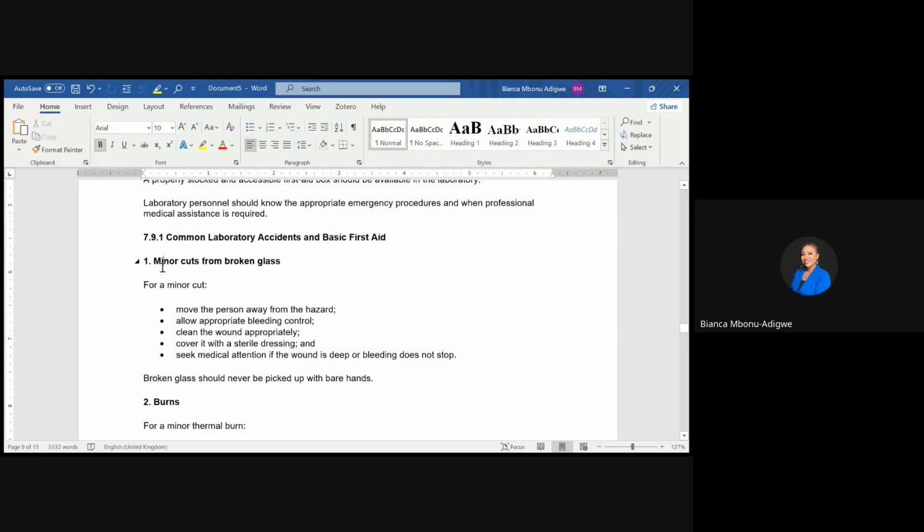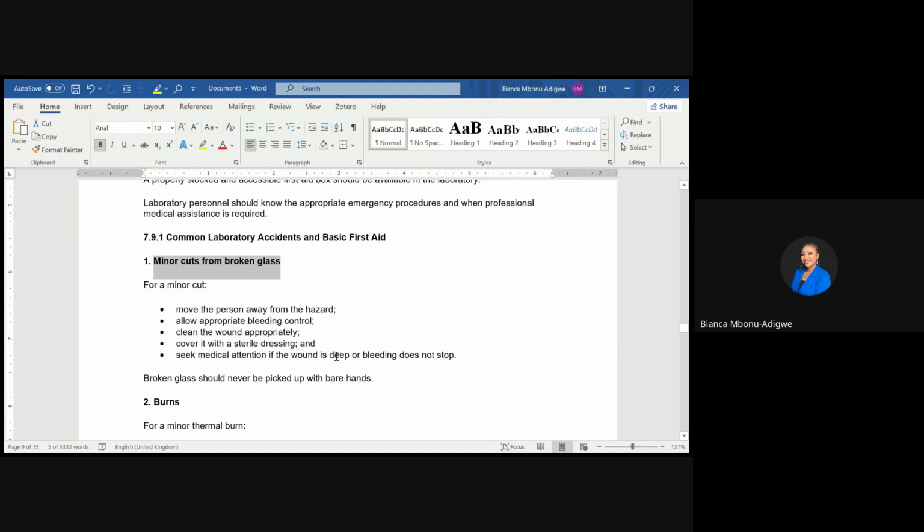The first one I have on my list is minor cuts from broken glass. The first thing you do is take the person away from that place that the thing broke. Wash the wound because you should have water supply. We've mentioned that. Cover it with a sterile dressing. Sterile dressing could be whatever you have in your first aid box, like the cotton wool and plaster, and then call the nurse in your school.